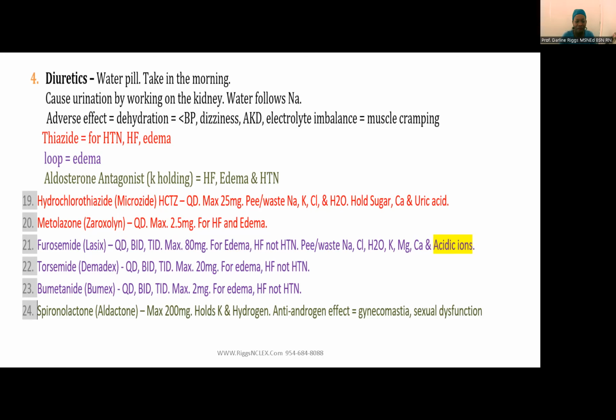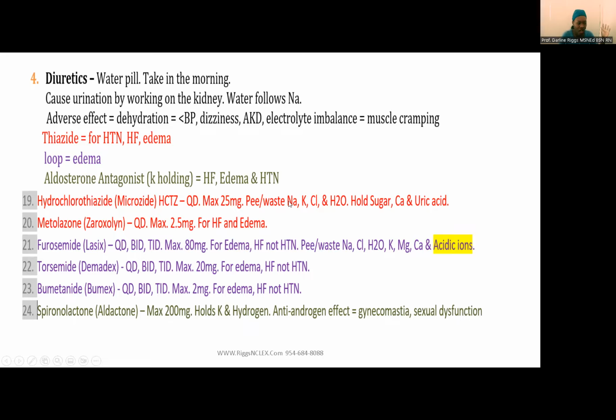So one more time. Thiazide diuretics, like hydrochlorothiazide, waste sodium, potassium, chloride. They pee it out. So hyponatremia, hypokalemia. Now, let me connect something.